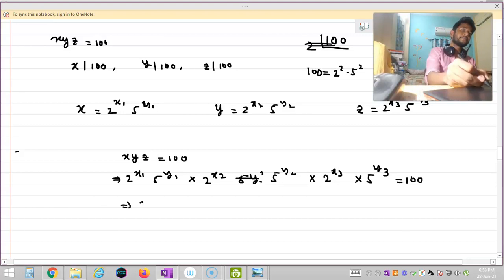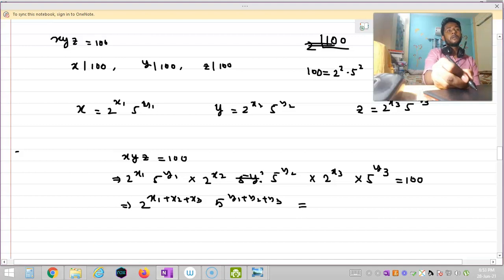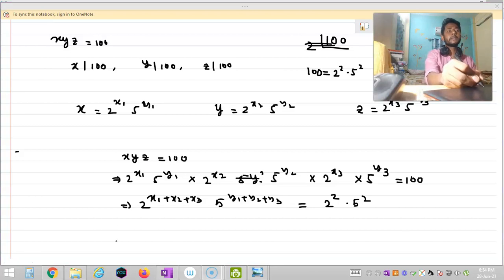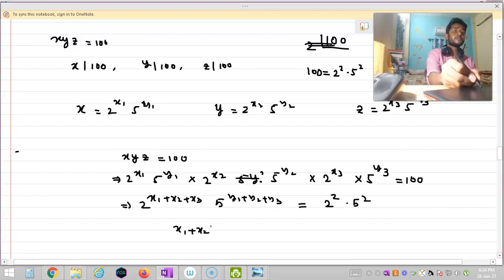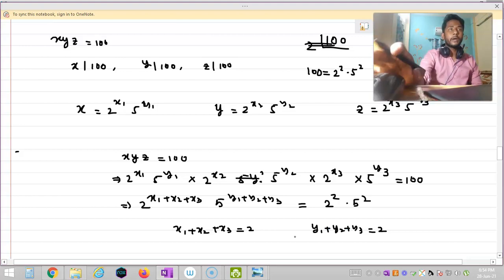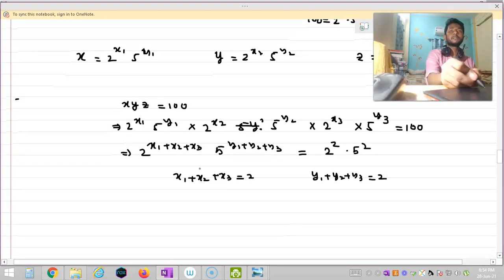So I can say that 2^(x1+x2+x3) × 5^(y1+y2+y3) is equal to 2^2 × 5^2. From this I can say that x1 + x2 + x3 = 2 and y1 + y2 + y3 = 2. So I have to find the non-negative integral solutions of these equations.